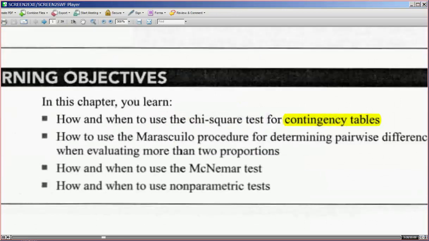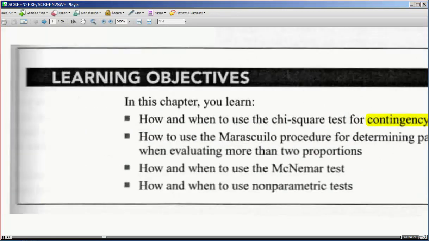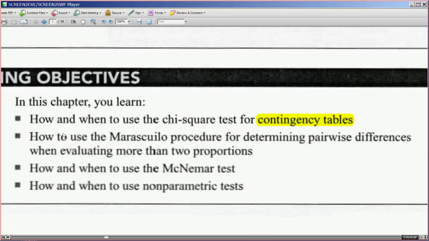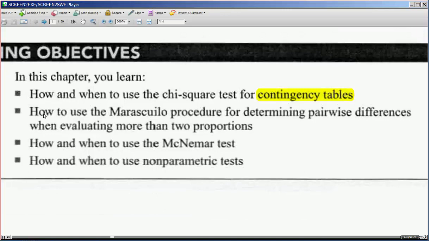Chapter objectives. Learning objectives. In this chapter you learn how and when to use the chi-square test for contingency tables. So hopefully you will learn how and when. I'm afraid we'll have to read a lot of other sources to really answer this question. How to use the Morris-Kuilov procedure for determining pairwise differences when evaluating more than two proportions.